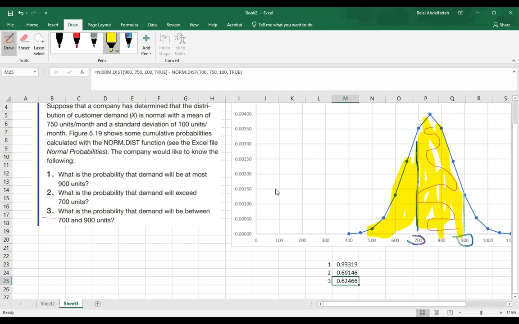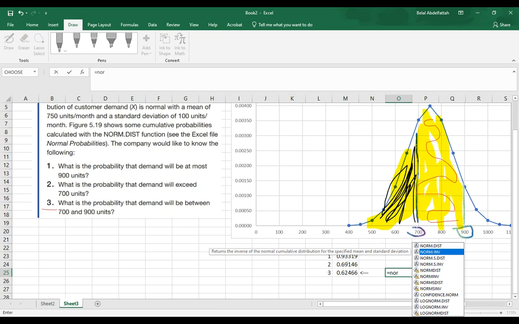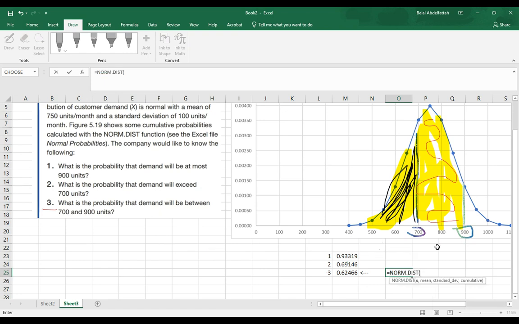And then I did the same thing, but now I looked for everything from 700 and to the left. So I looked for that cumulative distribution. And I subtracted those two cumulative distributions from each other to get that probability. So I had to account for that overlap. One other way I could have done this is by doing the norm.dist function twice in two separate cells.